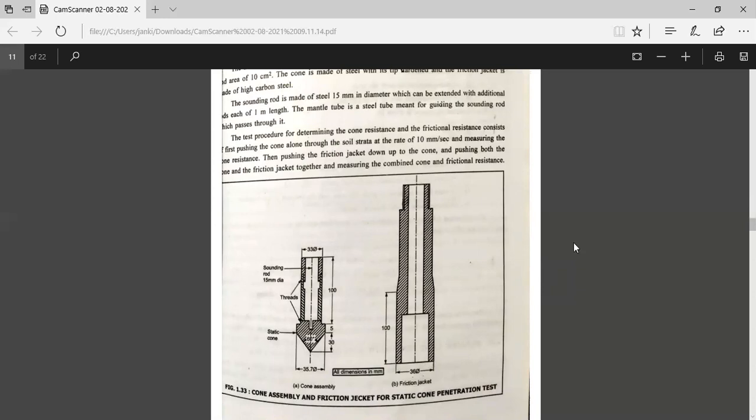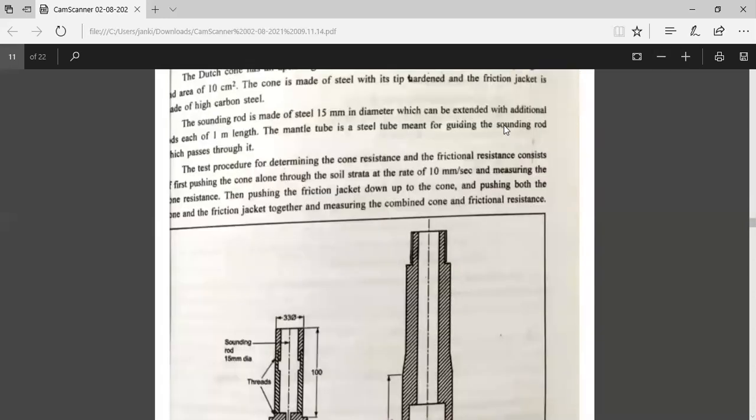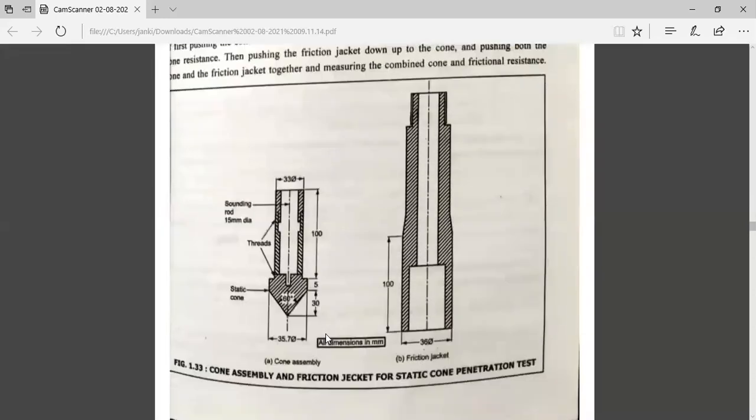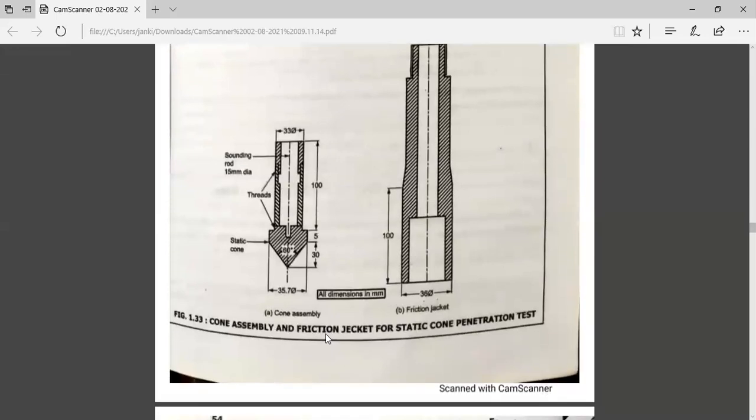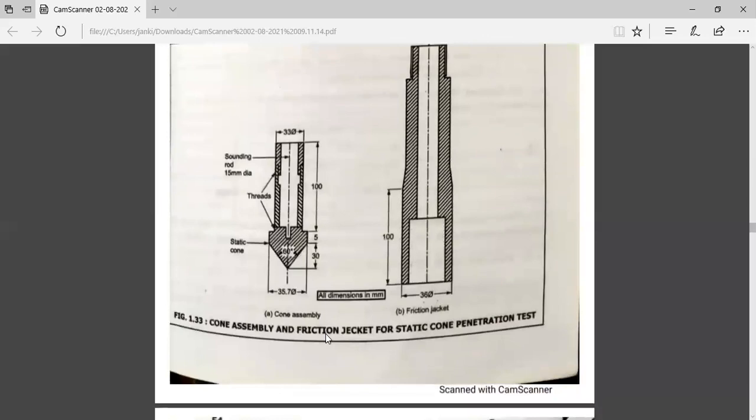The sounding rod is made of 15 mm diameter, and can be extended with additional rods, each of 1 meter length, right?